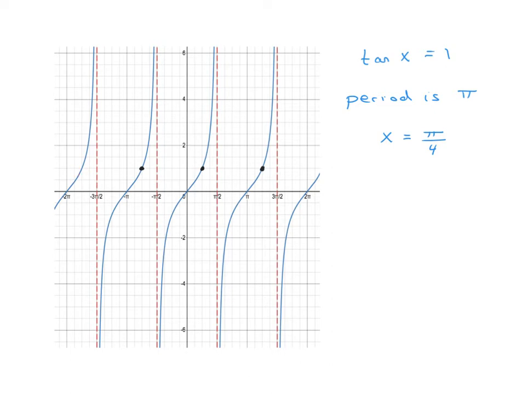To get every single solution to this equation, what you can write is x is equal to pi over 4 plus any multiple of pi. So here n could be 0, 1, 2, 3, 4, -1, -2, -3, -4, and so on. And these are all going to be solutions to this equation. So in general, this is the answer to the question.